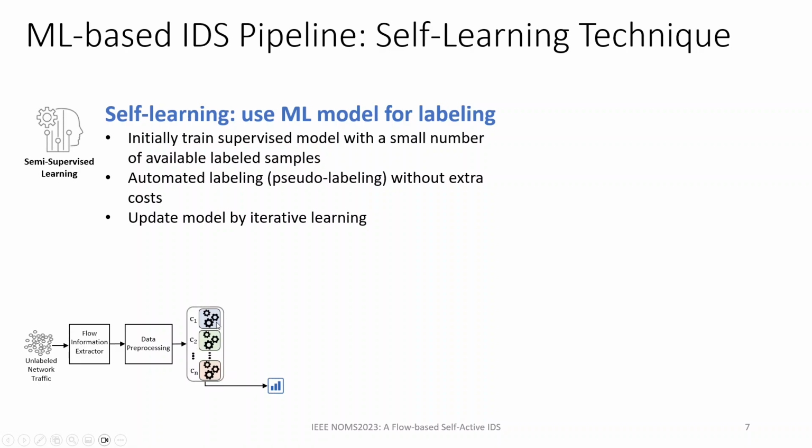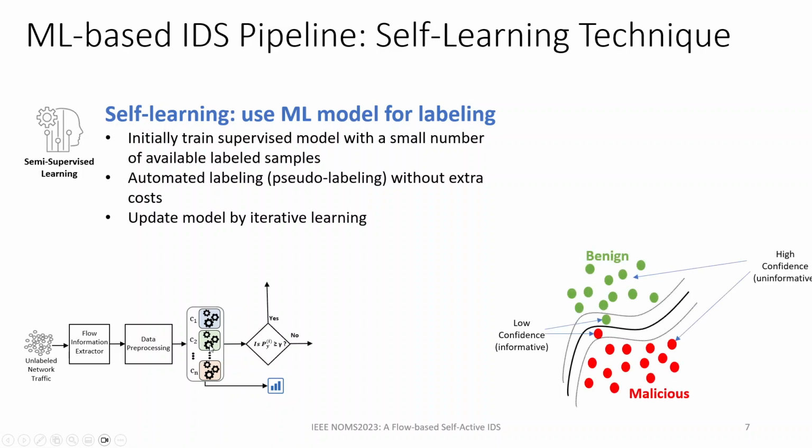And here we have not only one but different kinds of initially trained supervised models in an ensemble setting, and these supervised models do the prediction over this unlabeled data. Then if it can fulfill some criteria or threshold that we define, we accept that label, put it into the label dataset, and we retrain the model.